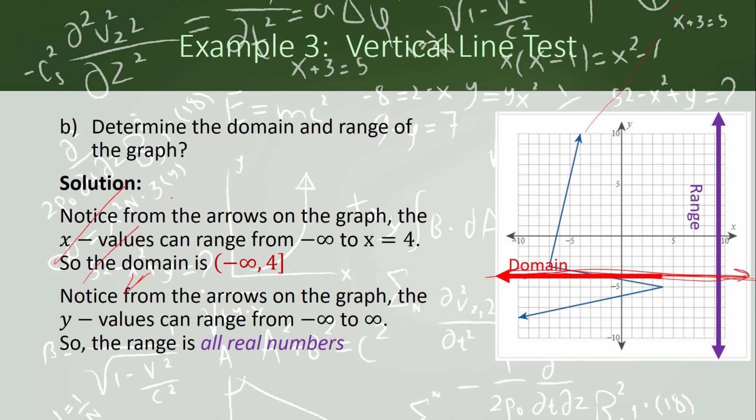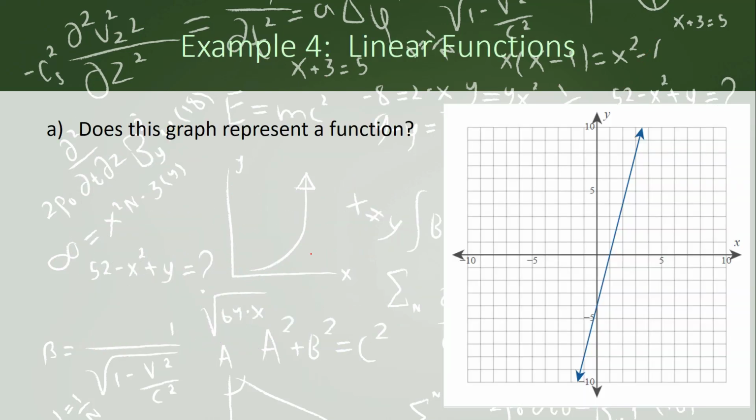This part right here is not correct. Even Hawks got it wrong, because I actually stole this from Hawks, if we interpret that arrow correctly. And this should be all real numbers. Now, having said that, if you see this problem in Hawks, put this in because that's the answer they're looking for. Okay, moving on.